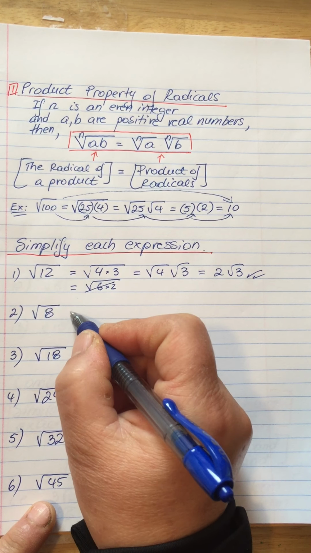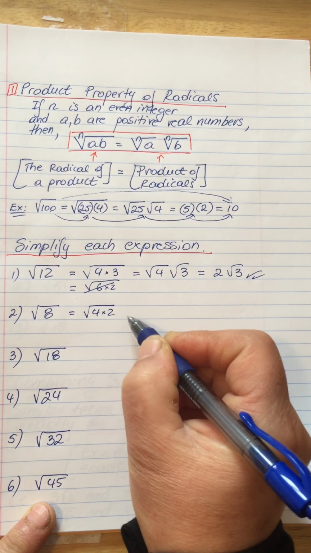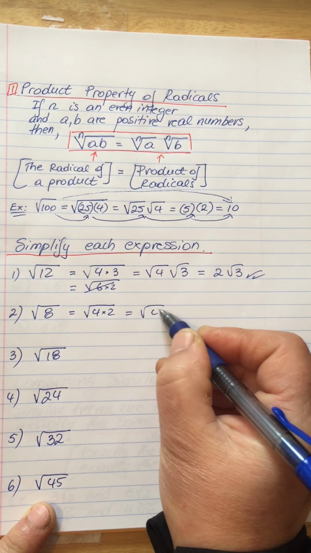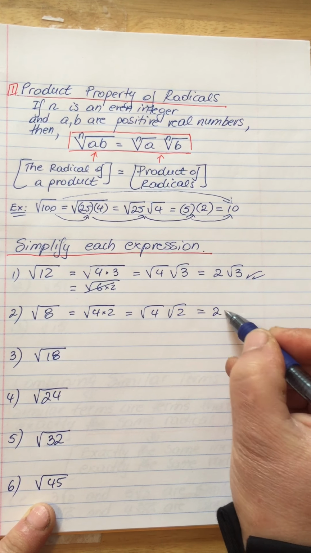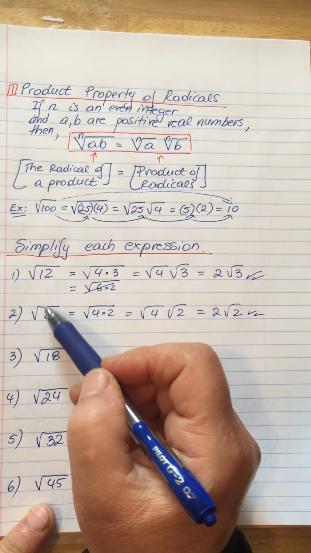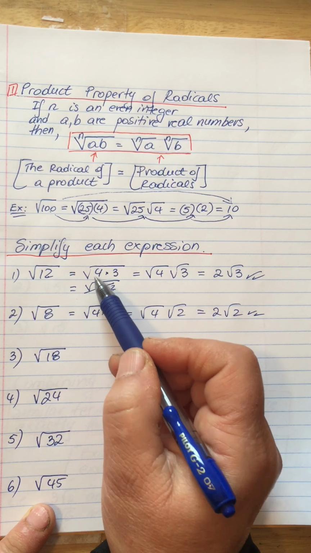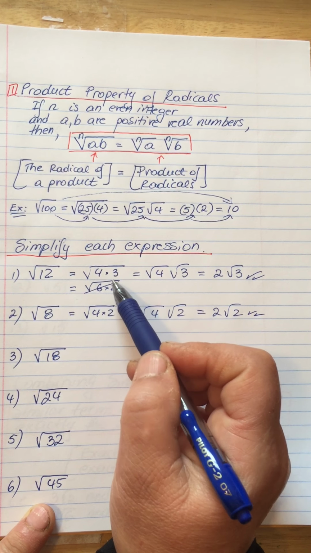8. 8 is 4 times 2. Separate. Easily, 2 square root of 2. So what is the goal? To write a radicand that is not a perfect square number as a product where one of the factors is a perfect square number.